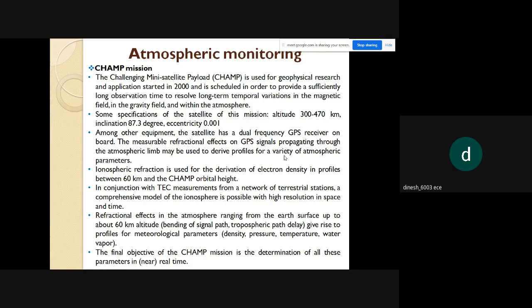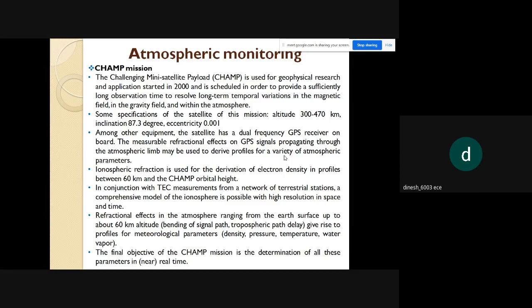So this ionospheric refraction is used for a derivation of electron density profiles between 60 kilometers and the CHAMP orbital height.